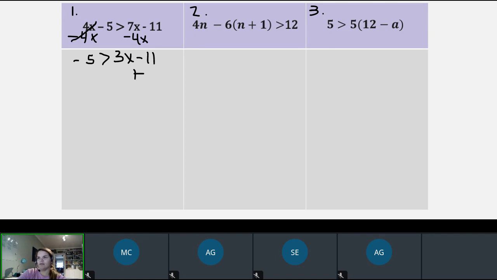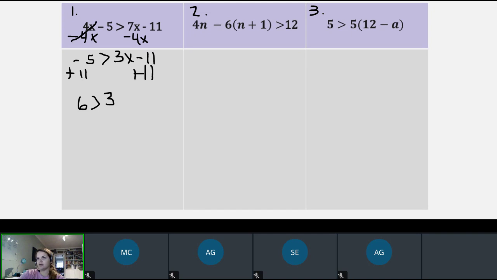Very good. Yeah, we're going to add 11. Good. So when I add 11, on the left-hand side, negative 5 plus 11 is going to be positive 6.